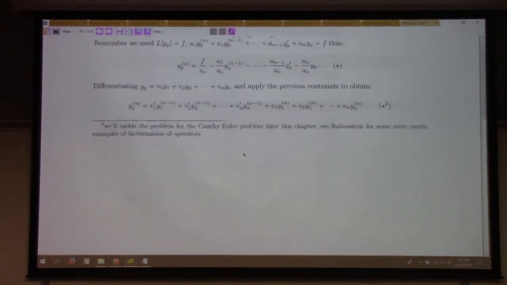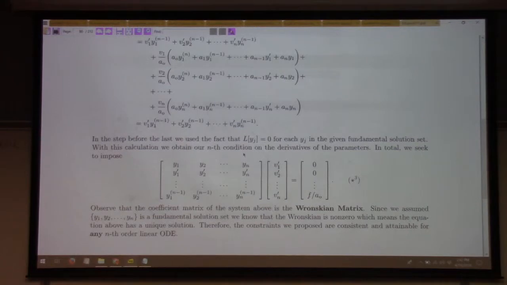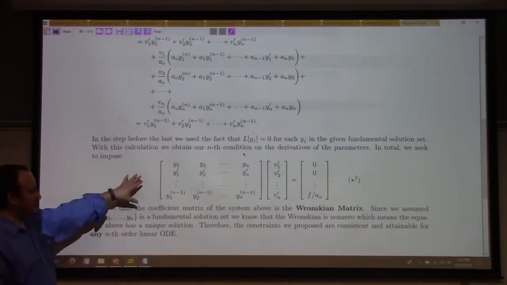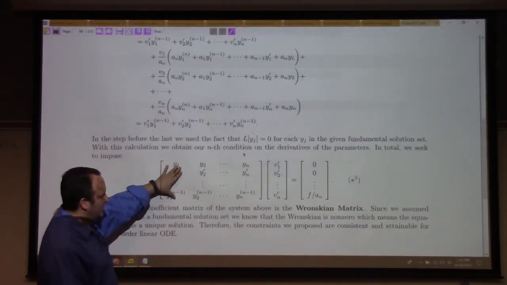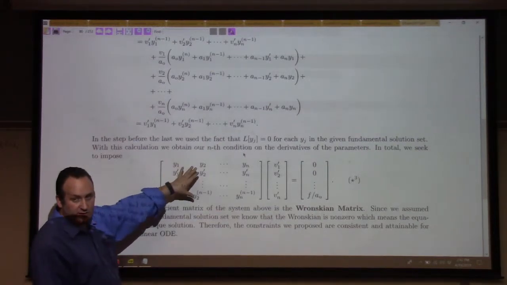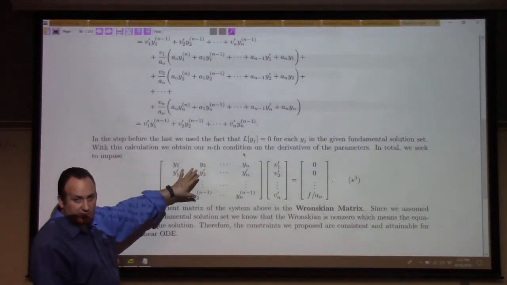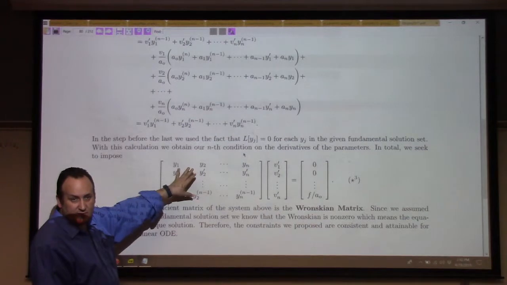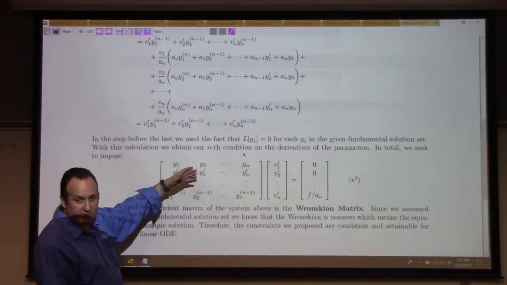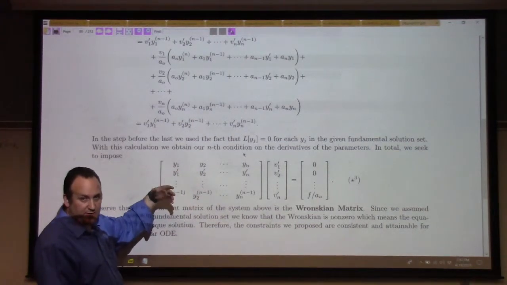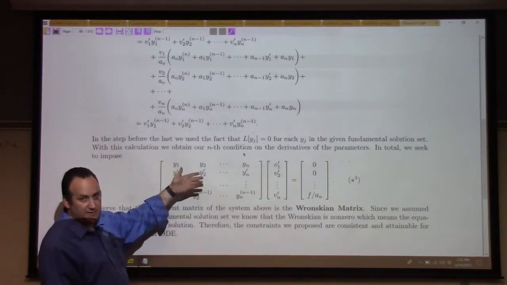So the point that I was trying to get to is this is the matrix of the fundamental solution set. The determinant of this is the Wronskian, and that's non-zero since it's a solution set, and they're linearly independent. We're assuming that y1 through yn are linearly independent.